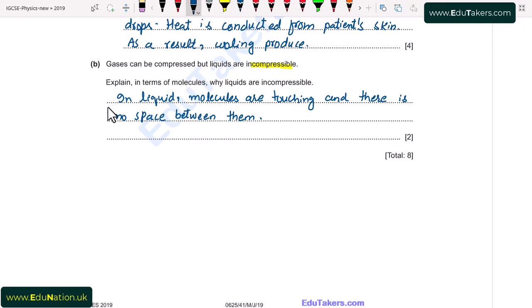If you try to compress a liquid, there will be large repulsive intermolecular forces.